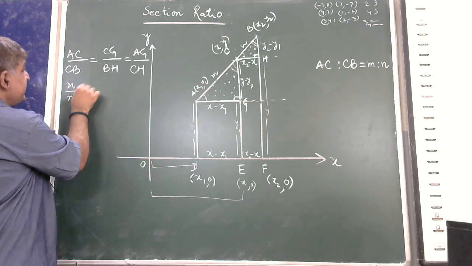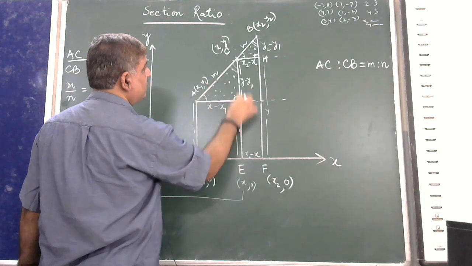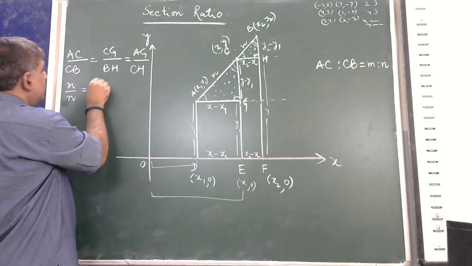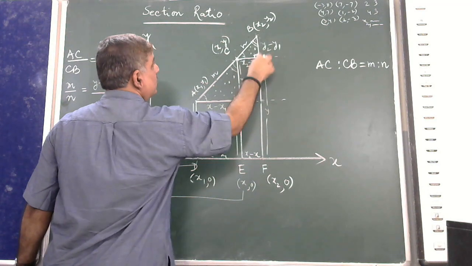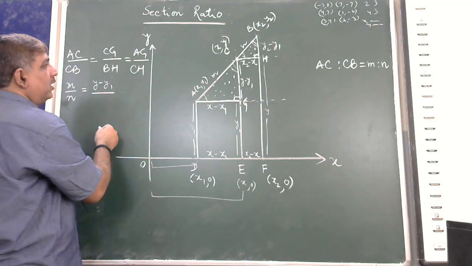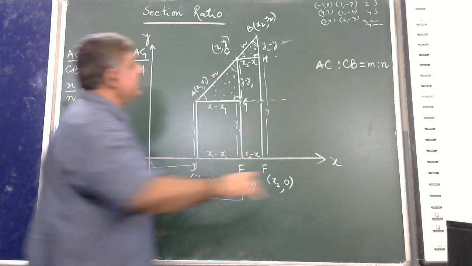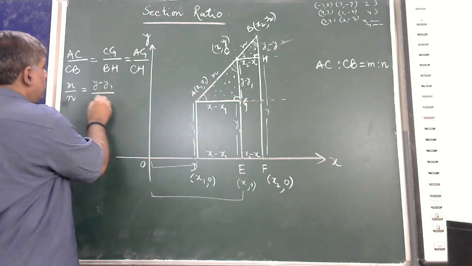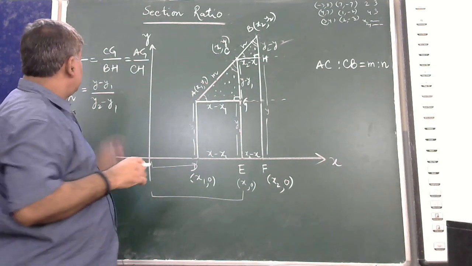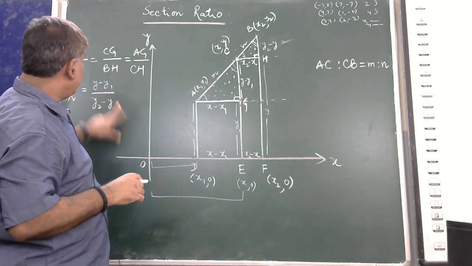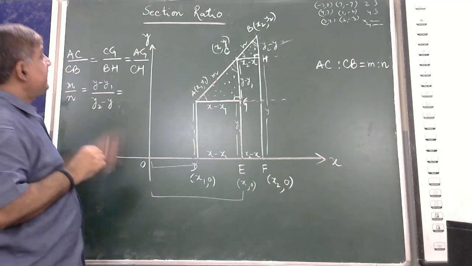Again, what about CZ? CZ is the length. You see here, CZ, this length is y minus y1, divided by, what about BH length? This length, y2 minus, sorry, here it will be y2 minus y, is equal to AC.